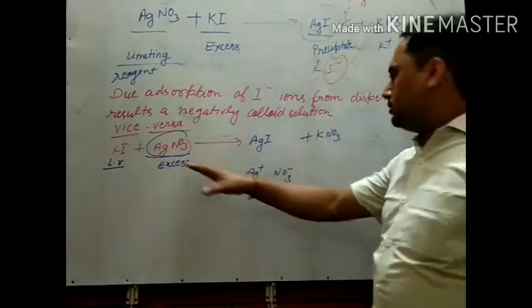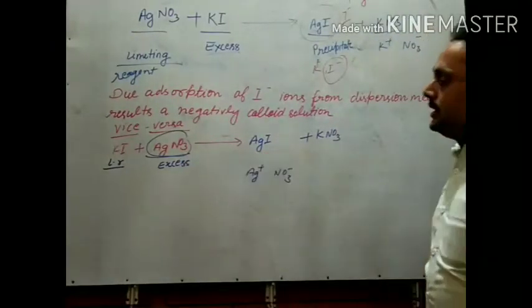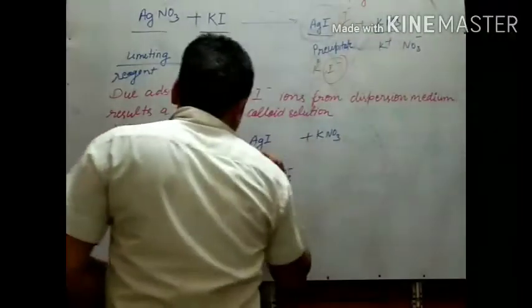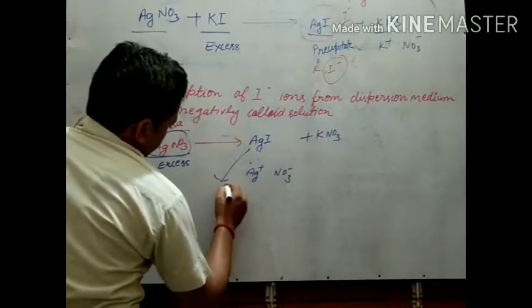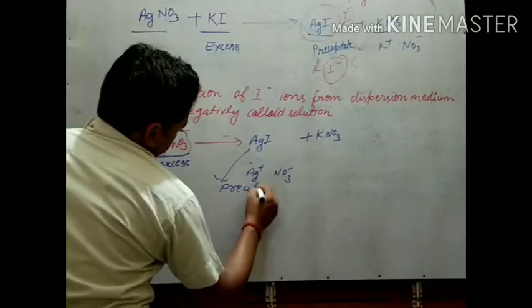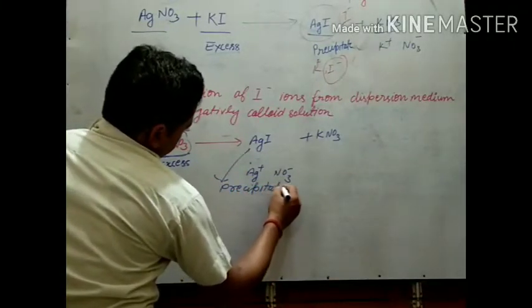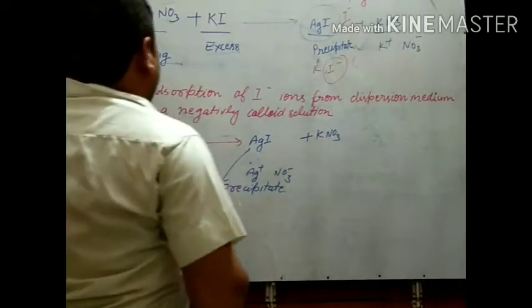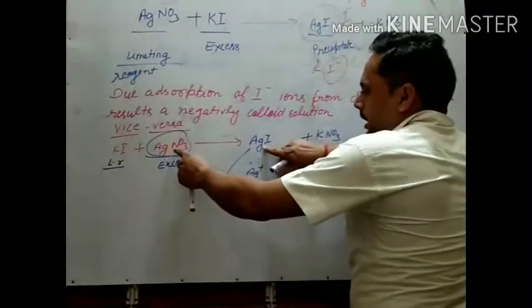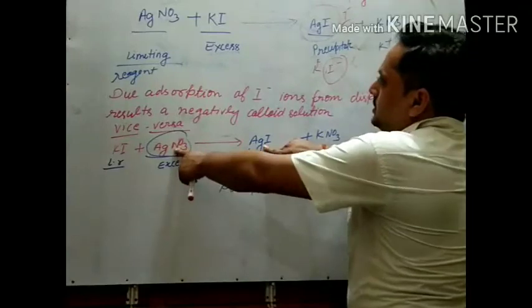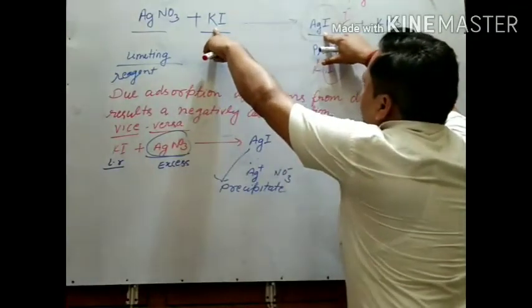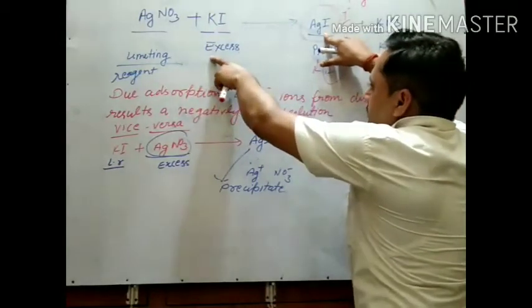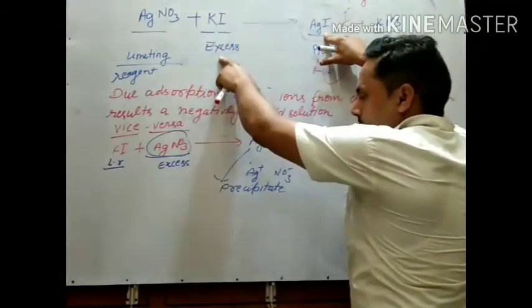In AgNO3 and in AgI, AgI is also a precipitate. So what is common in these two? AgI. Some portion of this was remaining.